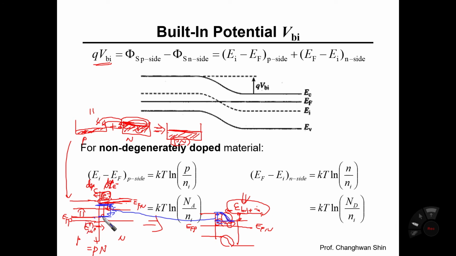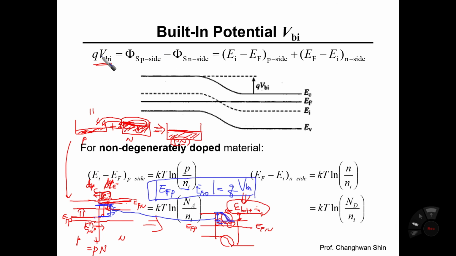Okay, so this EF p side and EF n side, this energy difference is corresponding to the built-in potential, but to match the unit, I'm going to use this.